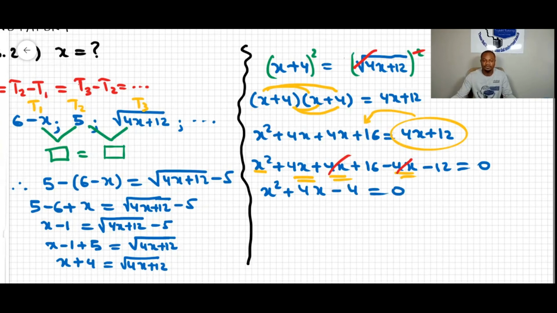Now, to find the value of x here, we have a quadratic equation. We can factorize, or we can use the quadratic formula, or we can complete the square. I prefer to factorize here. So this will be open bracket x, close bracket, open bracket x, close bracket equal to 0. Now, to factorize that, I'm going to look at the last term, which is 4.